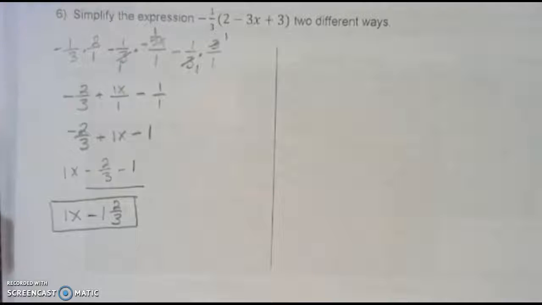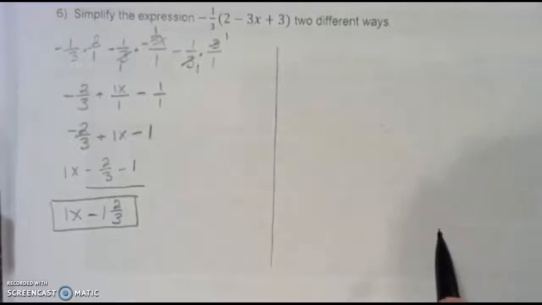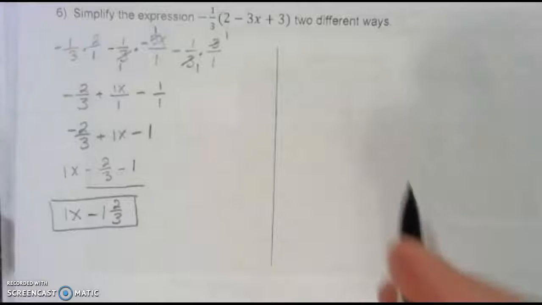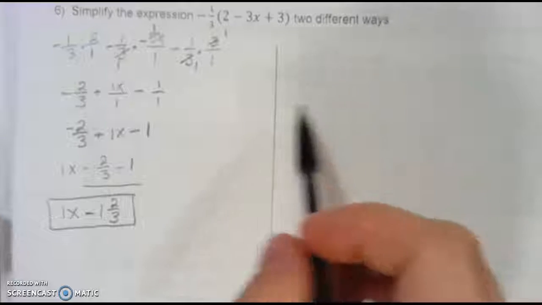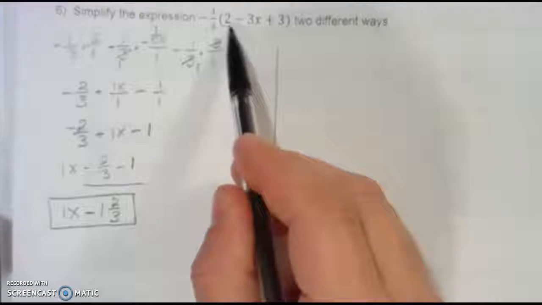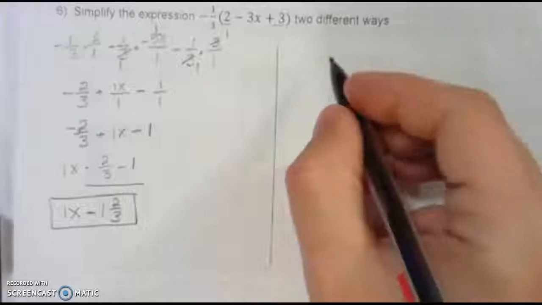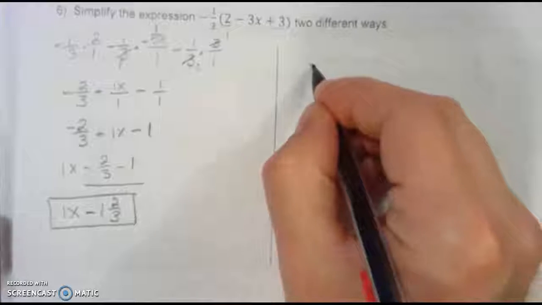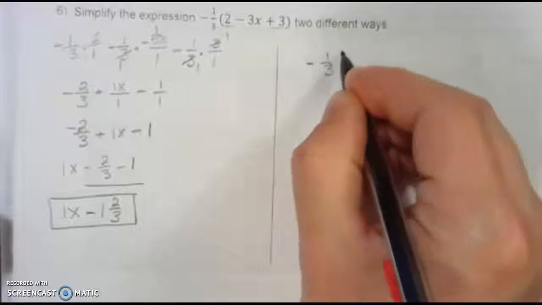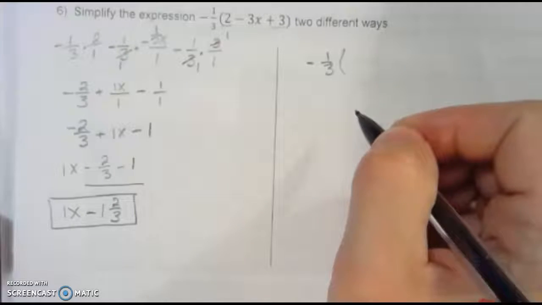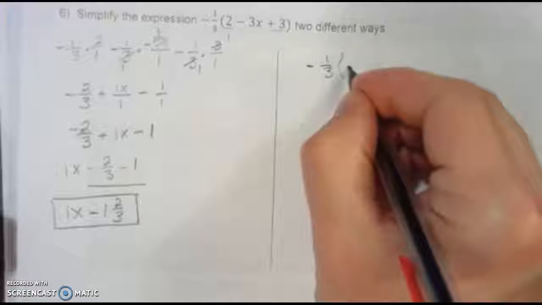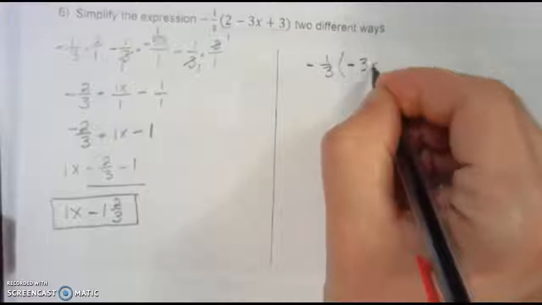The other way that I can do this is by combining anything similar inside of the parentheses. Inside of the parentheses, I notice that I have a constant here of 2 and a constant here of positive 3. And so I can rewrite this problem as negative 1/3 times, in parentheses, well, again, I like my variable term to be first, negative 3x.